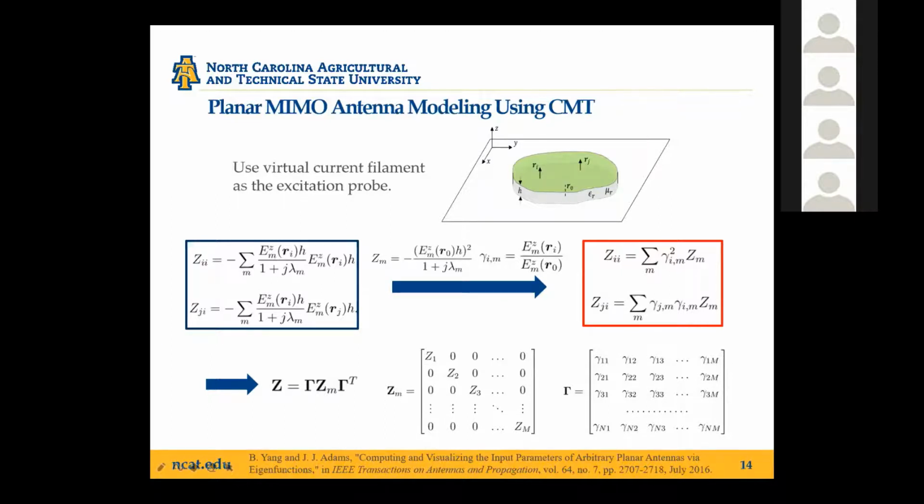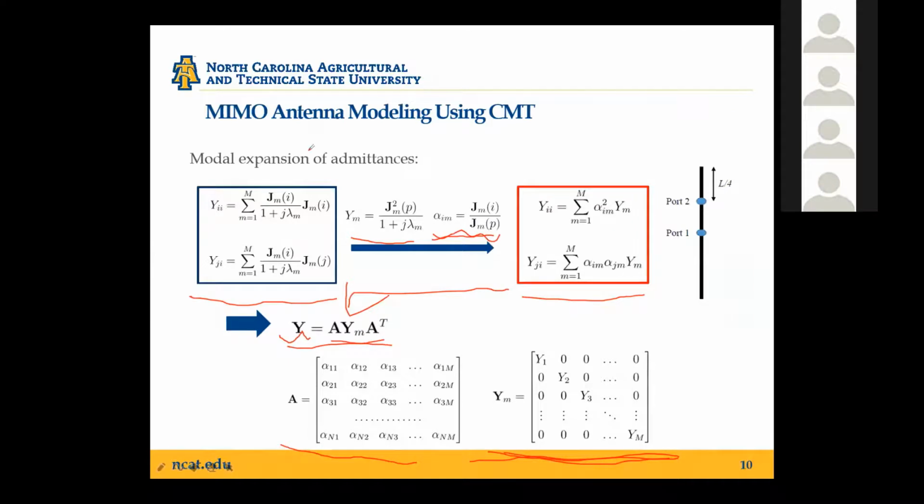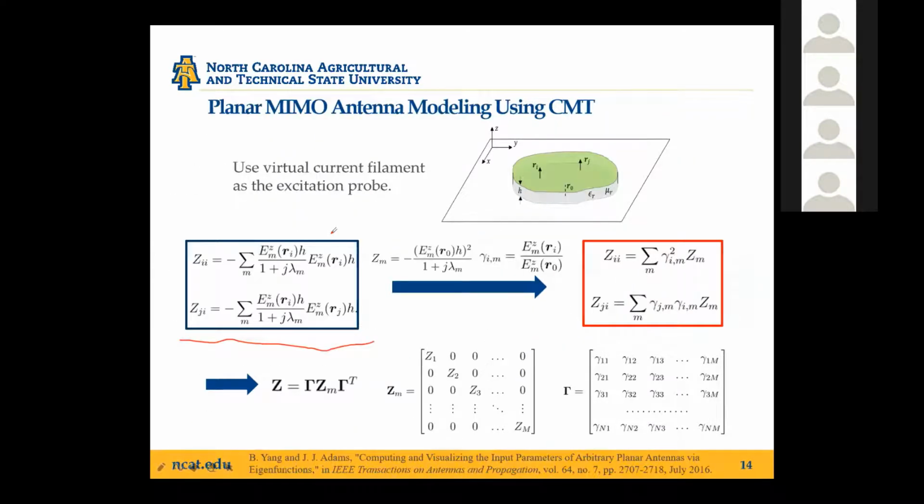But basically, it turns out you can expand your impedance in a form that is pretty much similar to the admittance. The only difference is that instead of using currents, now you're using the fields under the patch. And one way of thinking, E times H, where H is the height of the patch antenna here, is potentially the voltage between the patch at that point and the ground plane.